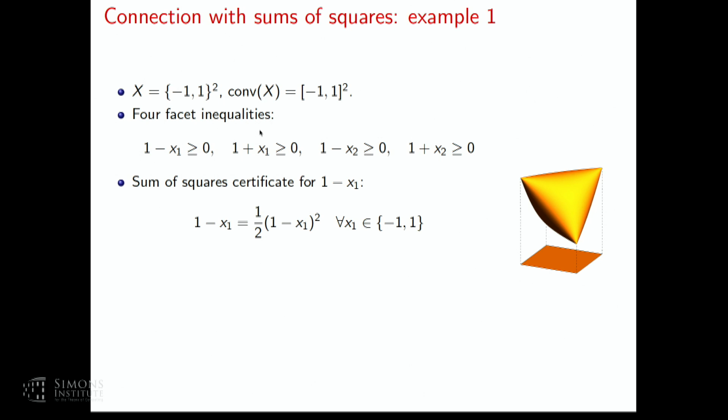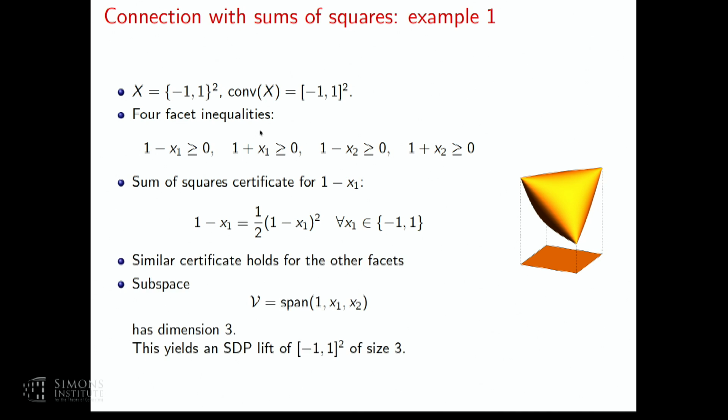Okay, so now we have to look at what is the subspace of functions under the square that we used in this sum of squares certificate. So this is just the polynomials of degree at most 1. So here V is the span of the constant function, x1 and x2. This is a subspace of dimension 3, and this gives us a lift of size 3 of the square.